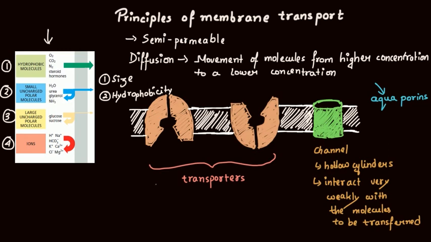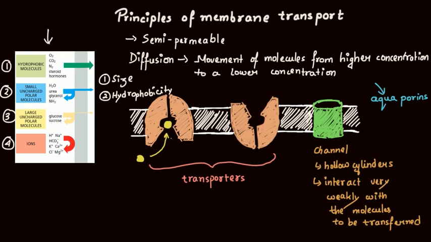So the transporters, or the carriers, would first bind to a molecule. Let's say the molecule is here first. It binds to the molecule in an inward conformation.